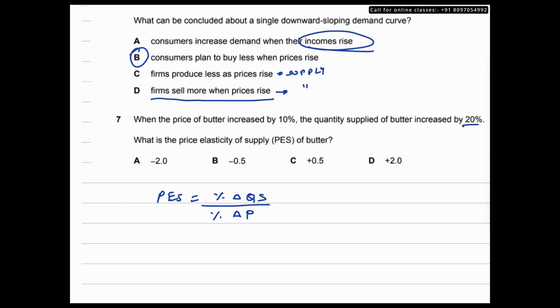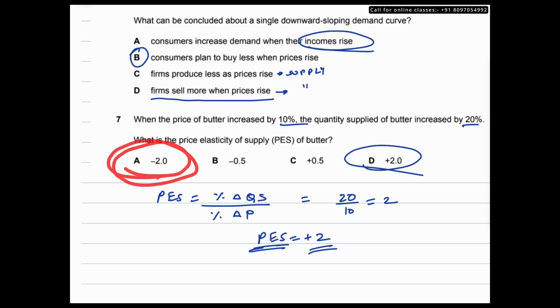Now they have given the percentage changes already, just put the values here. So percentage change in quantity supplied is 20 over percentage change in price is 10, we get it as 2. So PES is equal to 2, and please remember this is price elasticity of supply, so this is a positive 2. So the positive 2 comes over here, option D.